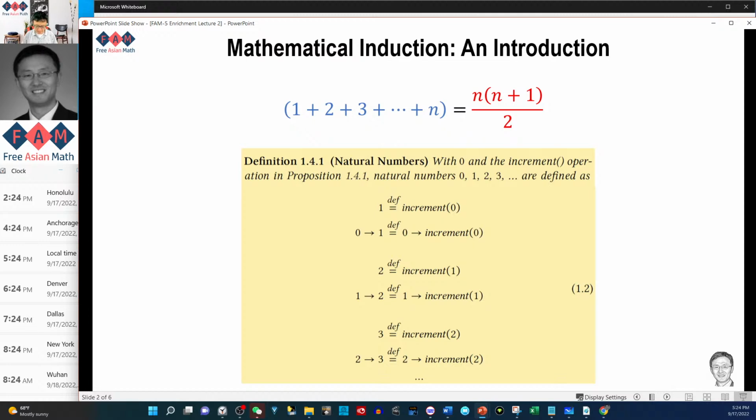So what is going on here? It's a recursive definition. And this recursive definition is very important because you only need two things. One is a starting point. One is a mechanism to take one step. But that step allows you to take a further step once you get the result of that first step, which is from 0 to 1. Once you have 1, you will do exactly the same increment to get 2.